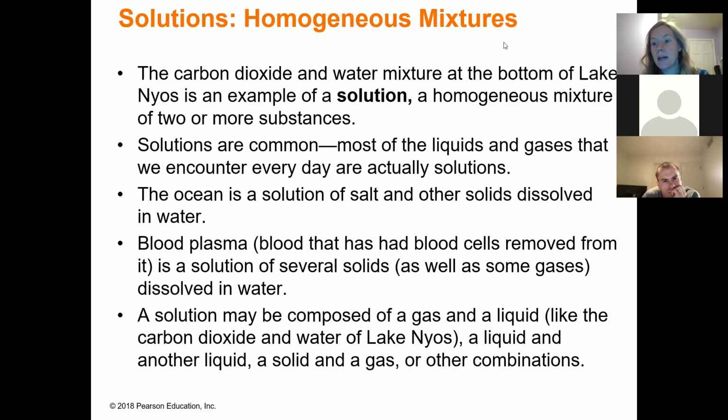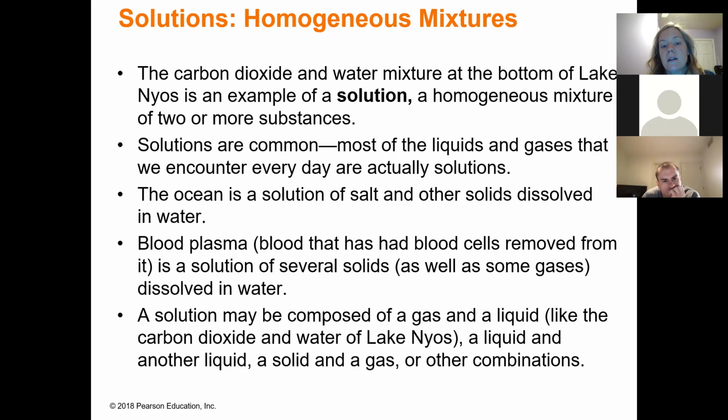So the carbon dioxide and water mixture that we saw at Lake Nyos is an example of a solution where we have two substances that are evenly mixed throughout. Solutions are common. Most of the liquids and gases that we encounter are actually solutions. So, the oceans are not pure water. They are a mixture of salt and water.